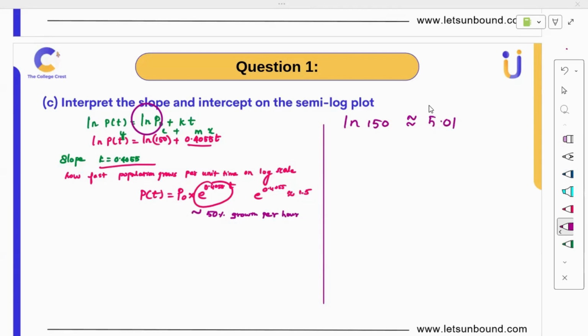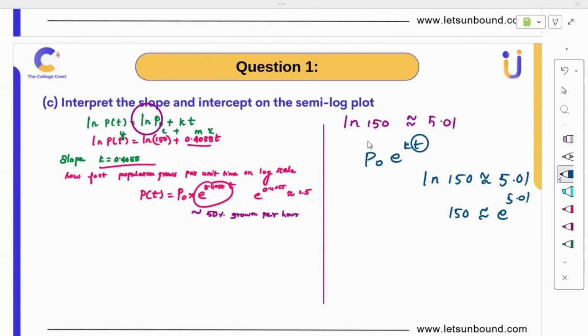What does it mean? It's very simple. It says initial population. In population terms, e power your intercept, because we write P naught e power kt, gives you the initial population. ln 150 is approximately 5.01, meaning 150 is approximately e power 5.01, based on the log scale.